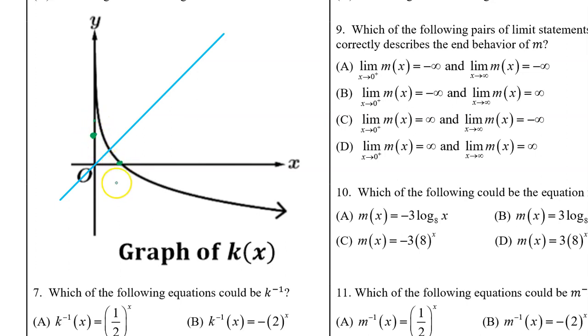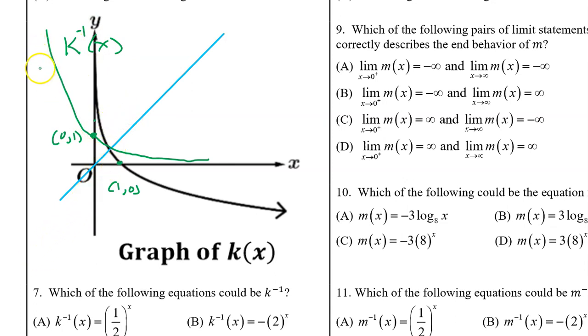Like say if this is the point (1, 0), the y-intercept will be the point (0, 1). So I'm going to hit this point, but then I'm going to make this little tail approaching the x-axis instead of the y-axis. So this green curve shows what the reflection would look like. This shows roughly what k inverse is going to look like.